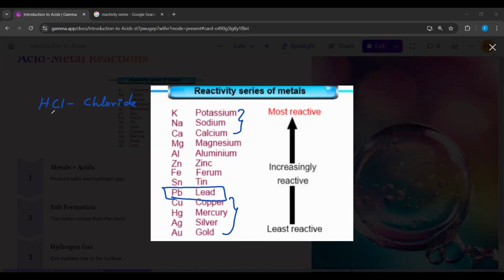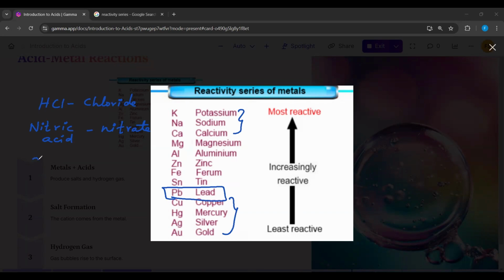If it is hydrochloric acid, it will always give a chloride salt. If it is nitric acid, it will always give a nitrate salt. You all have to remember this. This is an easy way to remember. Whatever the acid reacting with the metal is, that salt will be made.